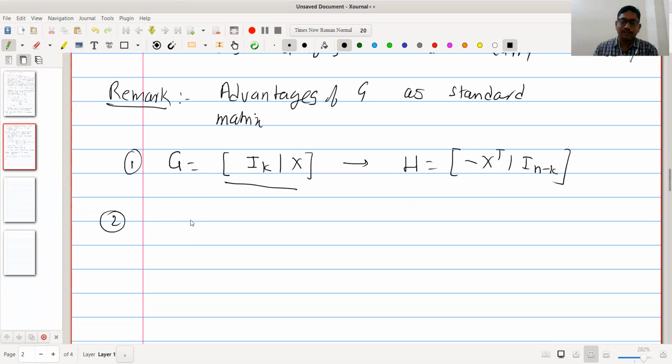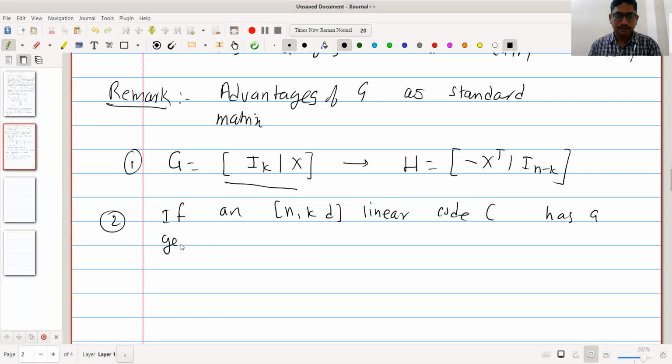And what is the second advantage? Second advantage is in the encoding process. If an (n, k, d) linear code C has a generator matrix G in standard form, so I'll not mention the dimension of C, its dimension is K actually.